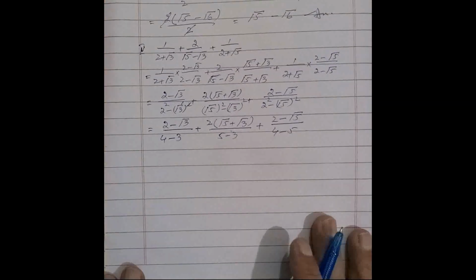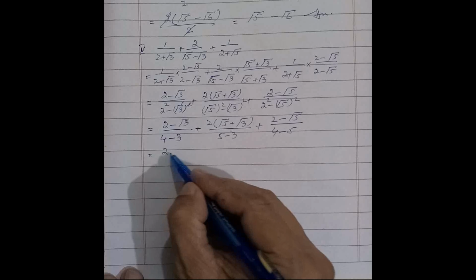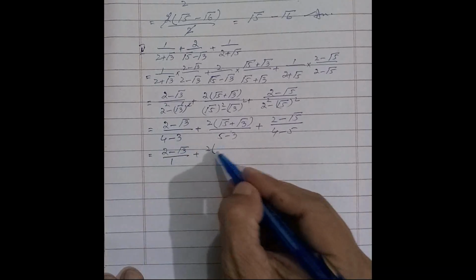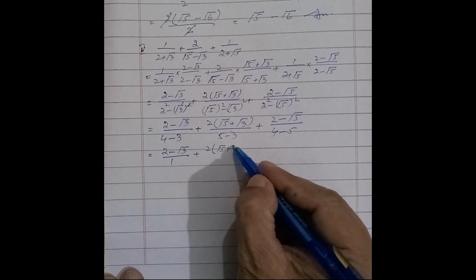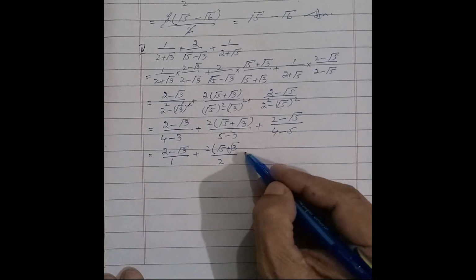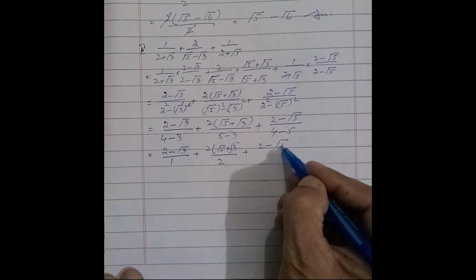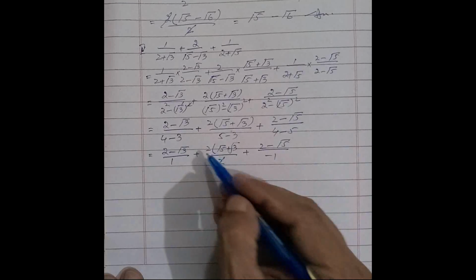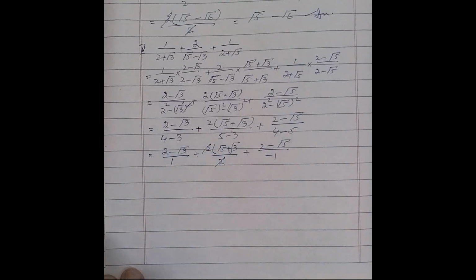Now simplify these values. We get 2 minus square root 3 over 1, plus 2 square root 5 plus square root 3 over 2, plus 2 minus square root 5 over minus 1. These two cancel with the other two.